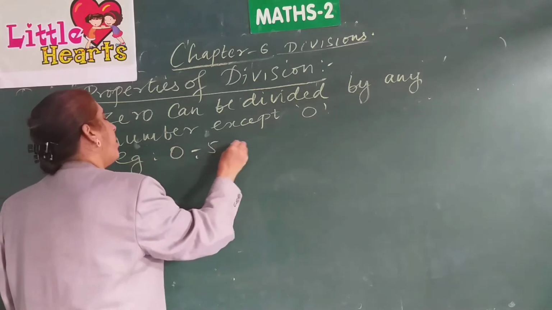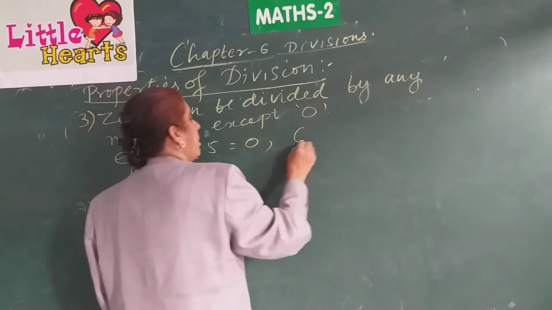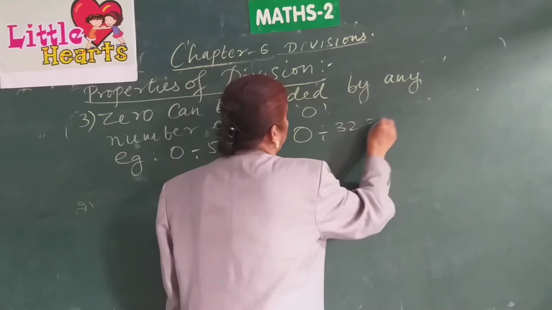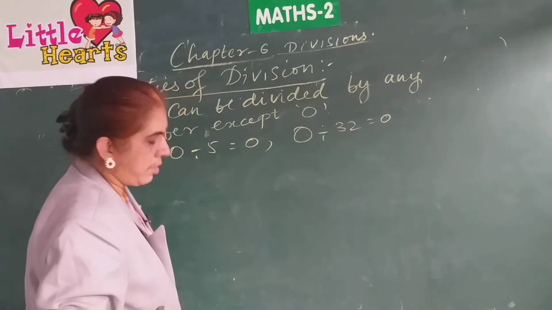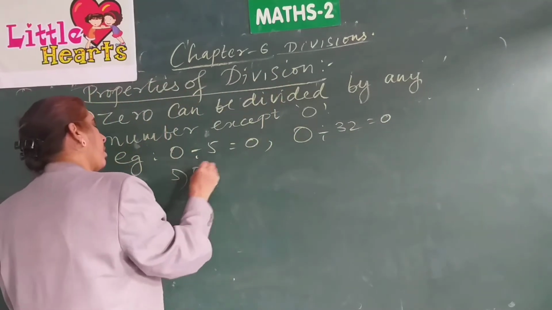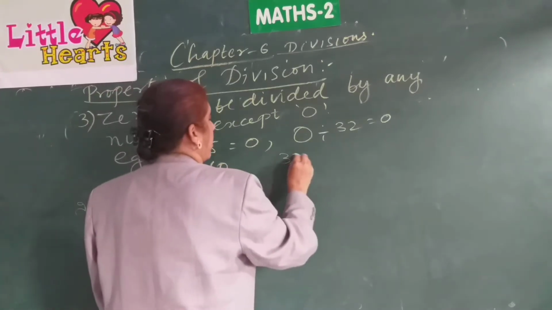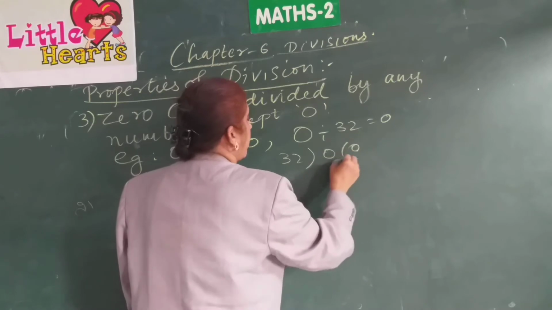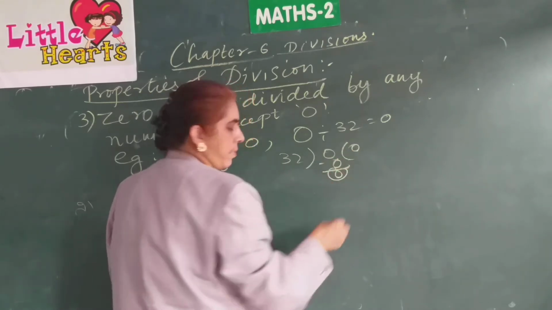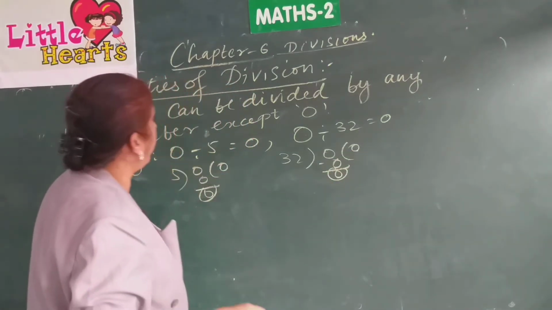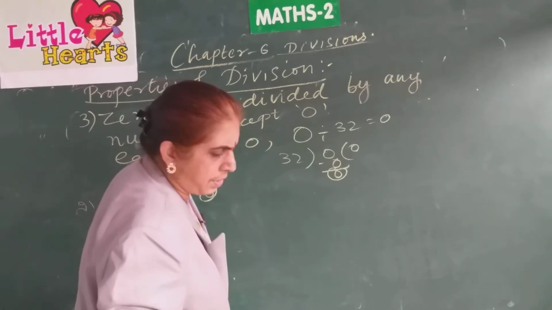Zero divided by 5 is equal to 0. 0 divided by 32 is equal to 0. 5 zeros are 0. 32 zeros are 0. So 0 can be divided by any number except 0.